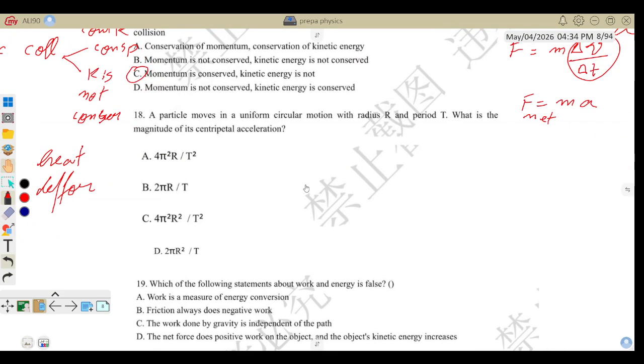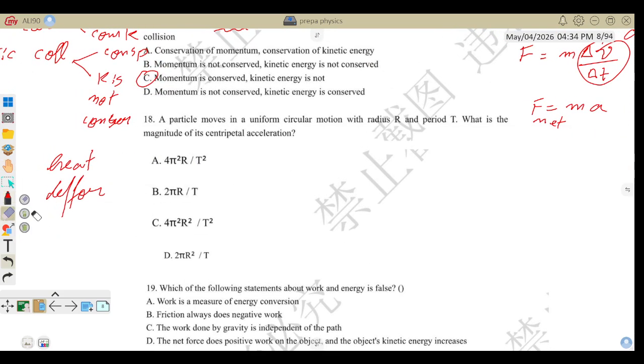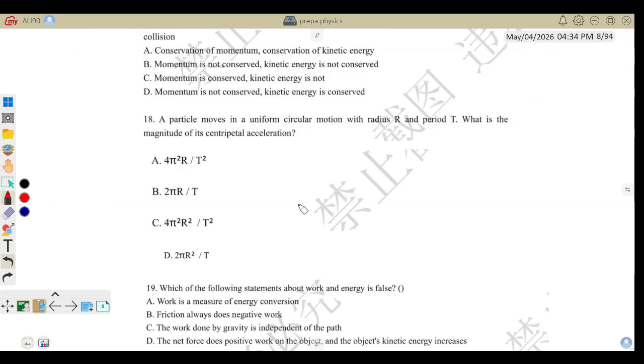For 18, we have here: a particle moves in a uniform circular motion with the radius r and period T. What is the magnitude of its centripetal acceleration?